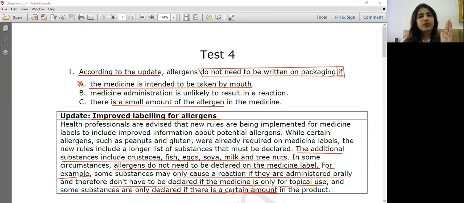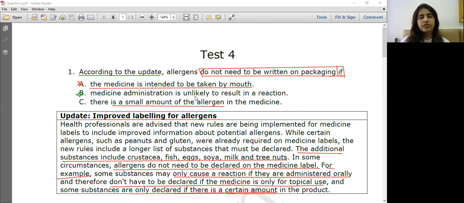It will cause reaction only if it is taken orally. Similarly, certain medications will cause allergic reaction only if there is a certain amount. So that means if my product does not have that certain amount, then probably I would not need it. So B is the correct answer here because it covers both the examples.